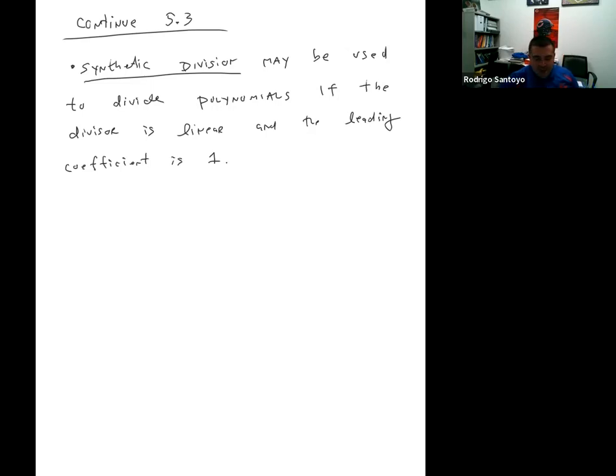Right? So if the divisor is linear and the leading coefficient is 1, we can use synthetic division.